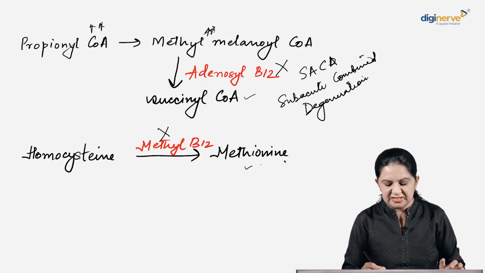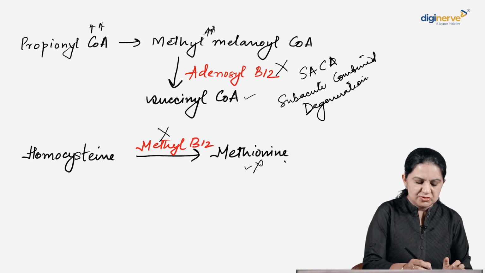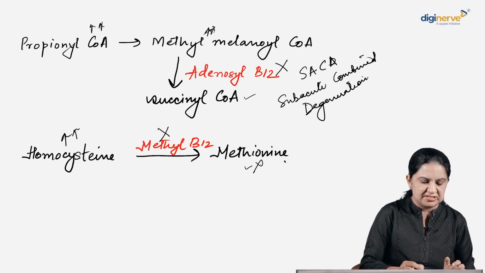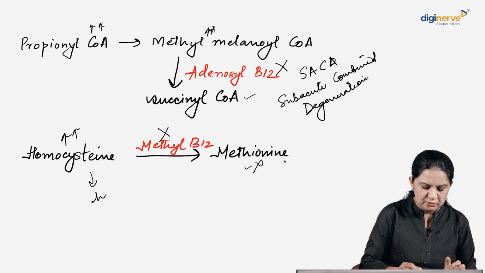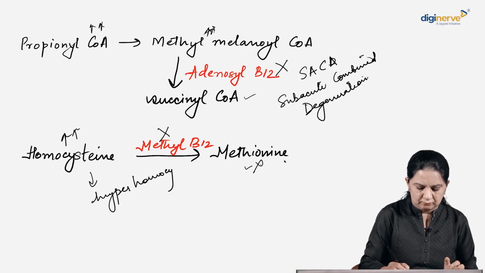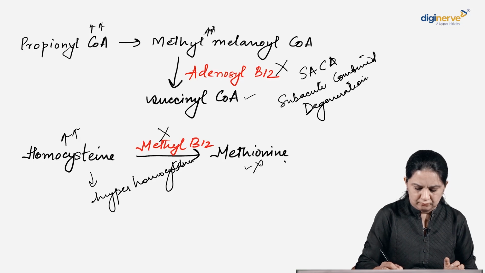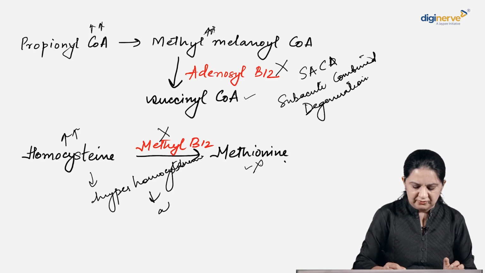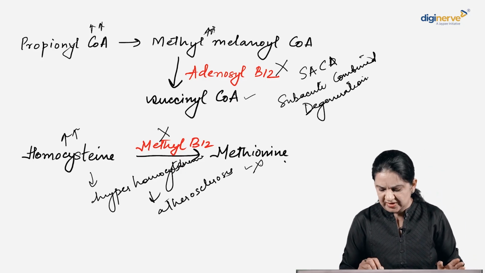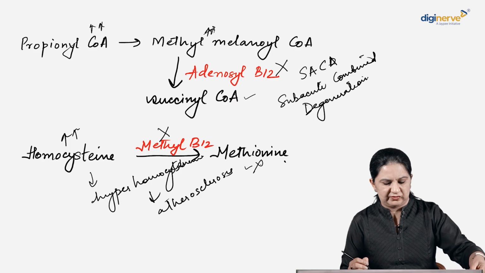Also, please remember, since methionine is not formed, there is increased level of homocysteine, or hyperhomocysteinemia, which is a risk factor for atherosclerosis.